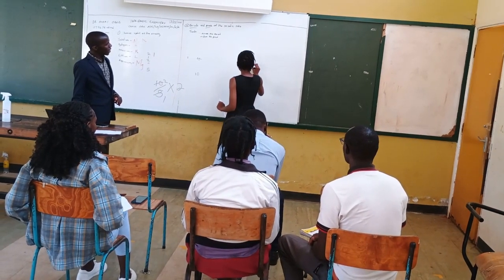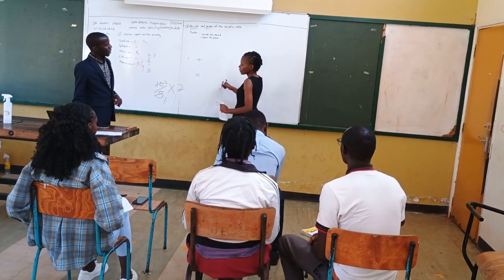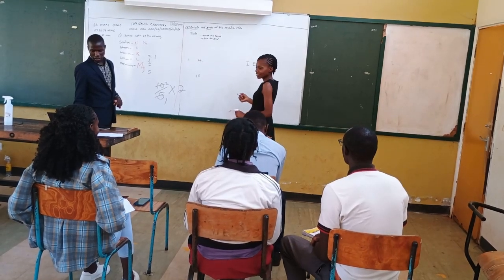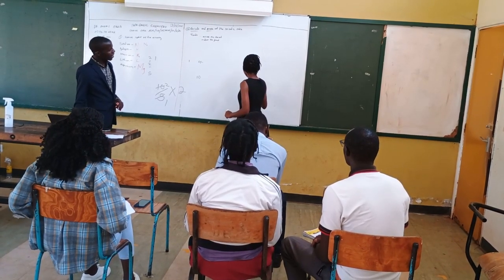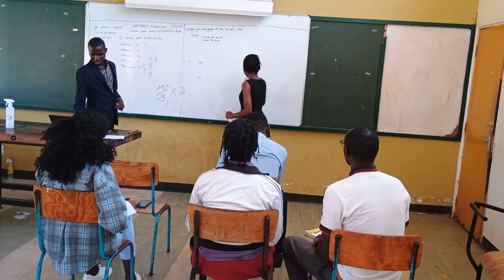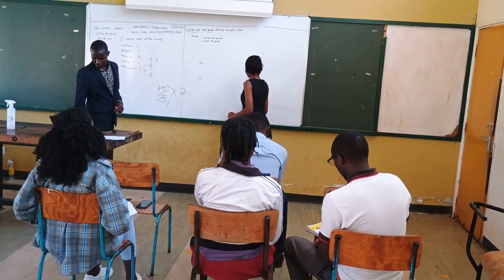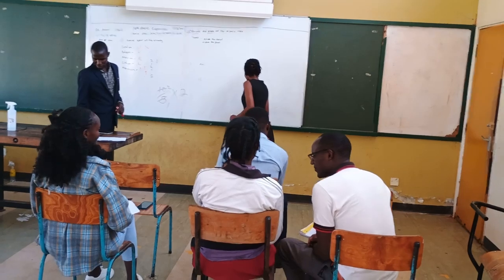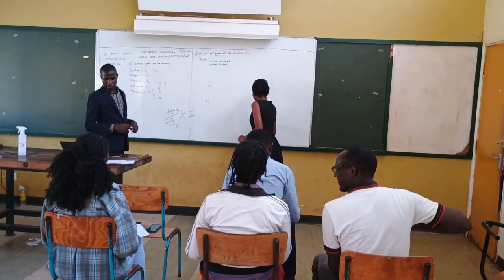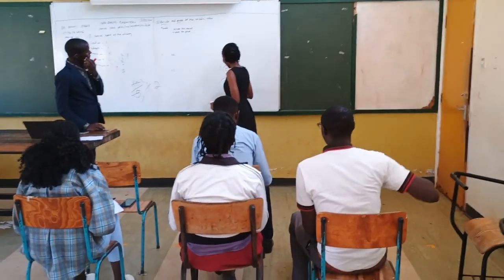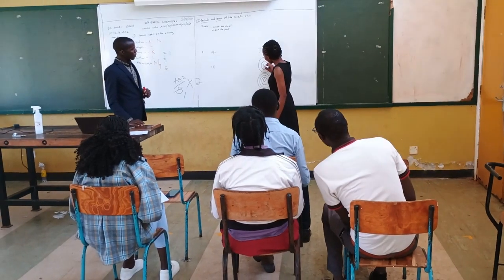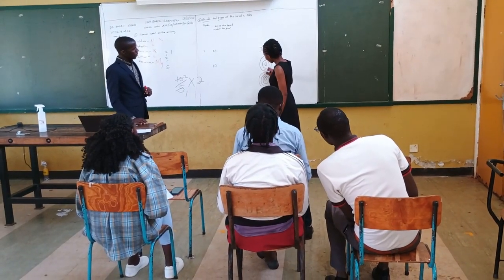Ionization energy down the group: let me use that diagram. Here is where you have the nucleus and the last electron.